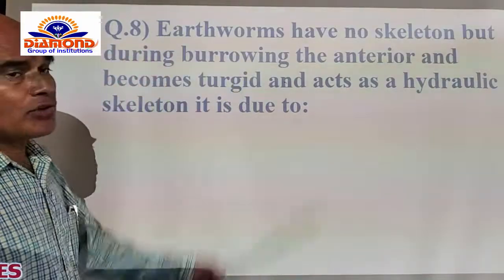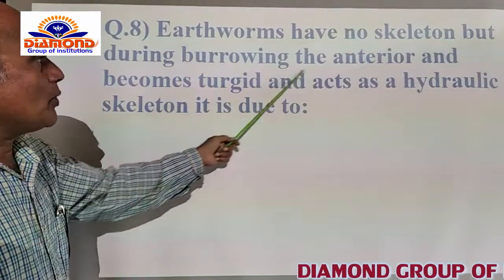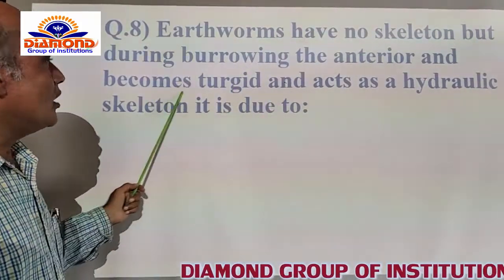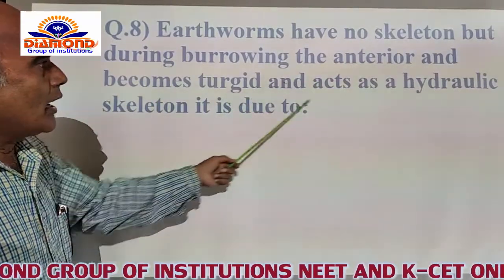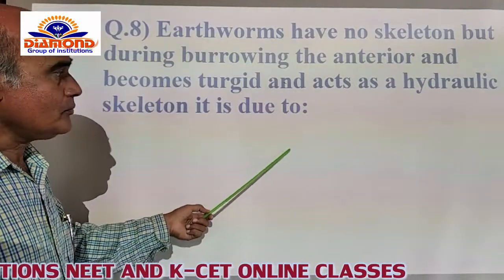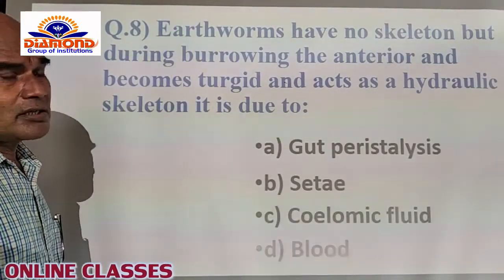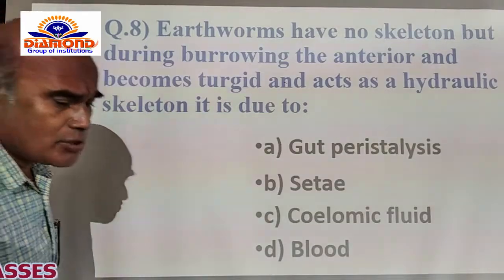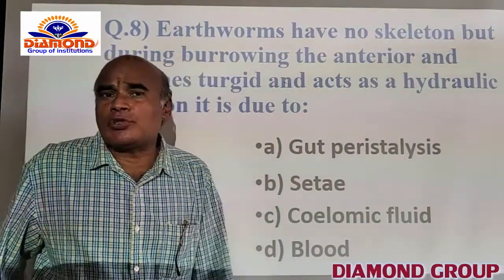And here the question is asking: earthworms have no skeleton, but during burrowing the anterior part becomes turgid and hard and acts as a hydraulic skeleton. It is due to, the options are given like this: gut peristalsis. What do you mean by gut peristalsis? All along the length of the alimentary canal of the earthworm, muscles are also provided.